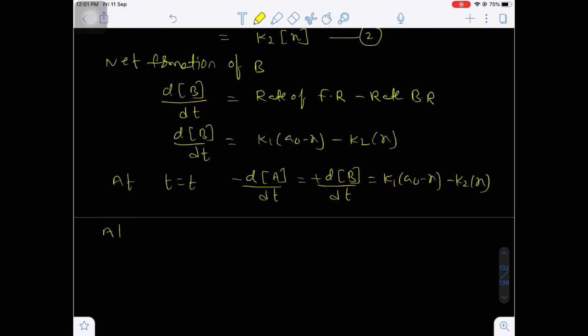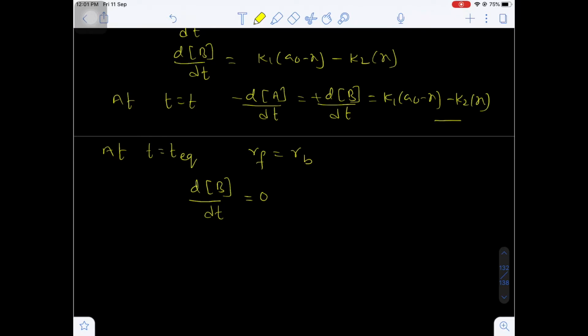Now when the system attains equilibrium, do you know the characteristic property of equilibrium? The rate of forward reaction will be equal to the rate of reverse reaction. Let's suppose 50 moles of B are forming in the forward direction, and similarly 50 moles of B decompose in the reverse direction. That means the net formation of B will be 0, so dB by dt is 0 at equilibrium.